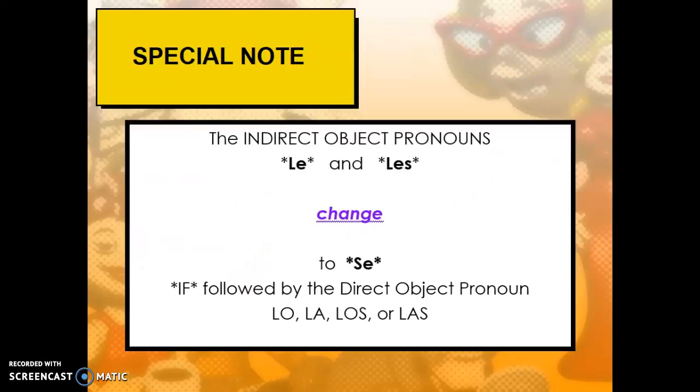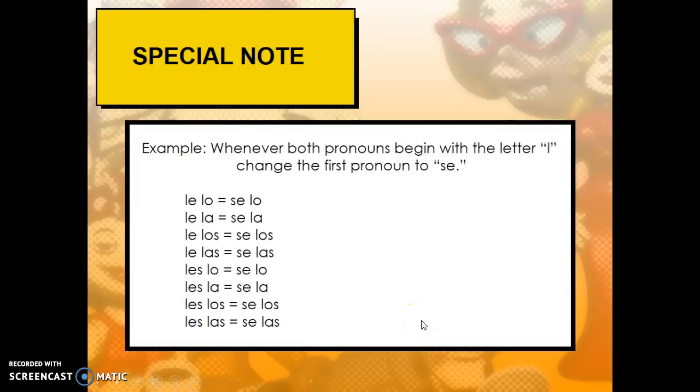Okay, special note. The indirect object pronouns le and les change to se if they're followed by the direct object pronoun lo, la, los, or las. So let me give you an example. Since you're going to have sentences with two pronouns, if two pronouns side by side start with L, you can't have that in Spanish.